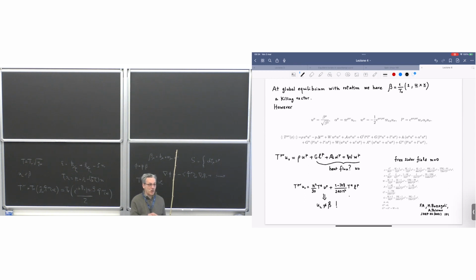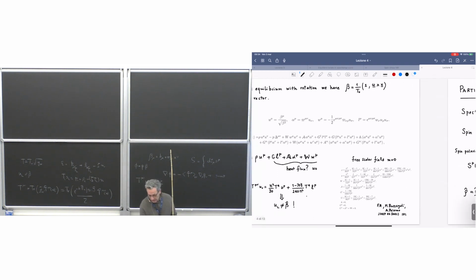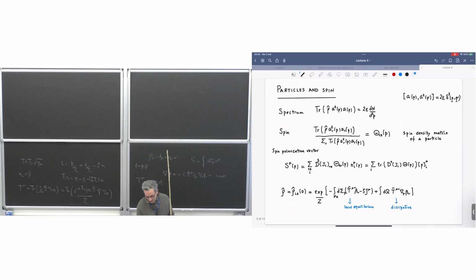Good. And now let me go to the main course of this course, which is one of the most useful instances where this quantum statistical approach proves to be really indispensable, or at least very useful, to obtain a physical result.